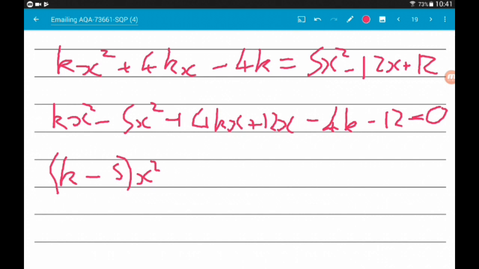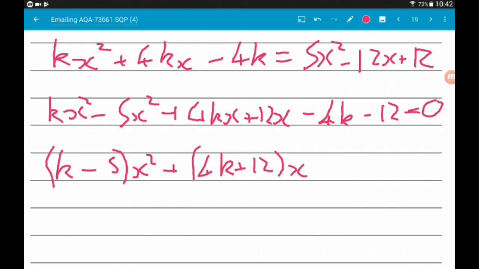Then we've got 4kx add 12x, so we can then write that as add (4k plus 12)x, and then we can even factorise this last bit a little bit.